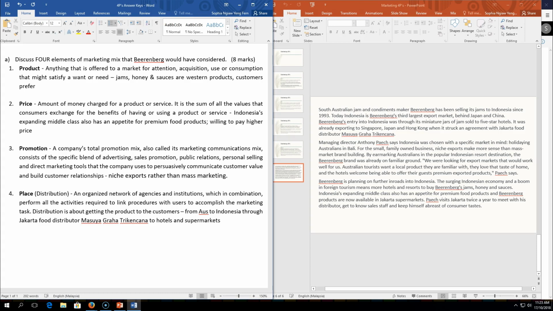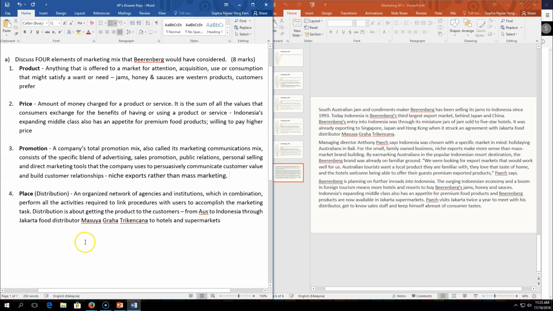You can talk about how Berenberg is just targeting a very small pocket of people instead of Indonesia as a whole. They are targeting Australians who are holidaying in Bali especially, and also they are targeting guests, and they are promoting themselves as a premium imported product from a very developed country like Australia. Alright, so that's promotion.